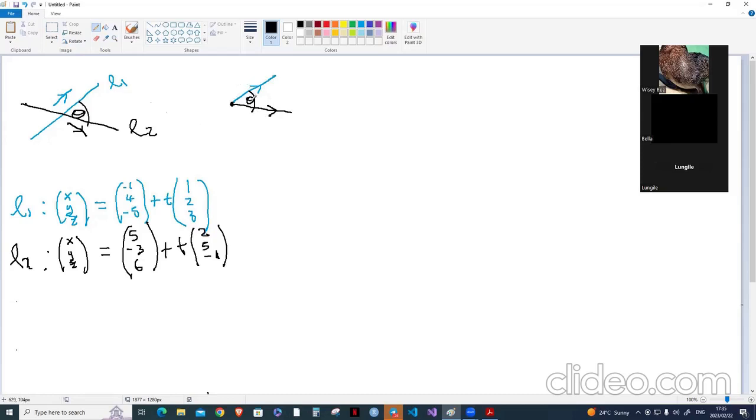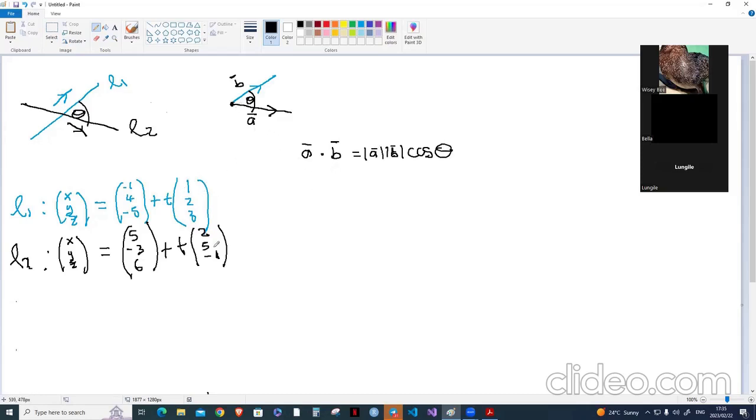So now let's say we have vector A and vector B. We find the angle by saying that if we dot vector A and vector B, the answer is the magnitude of A times the magnitude of B times cos theta.